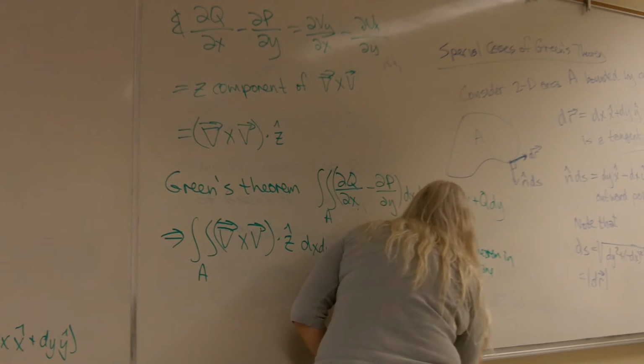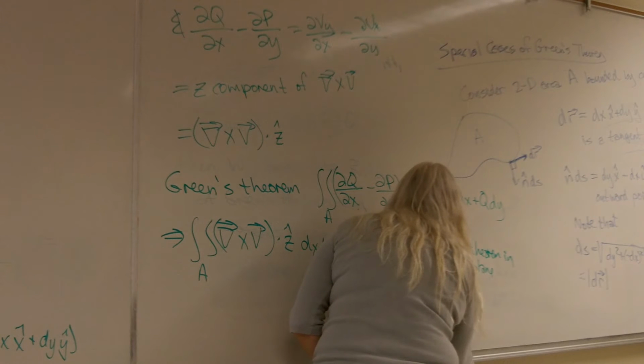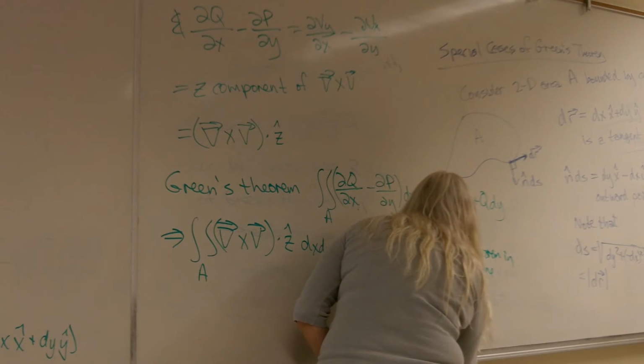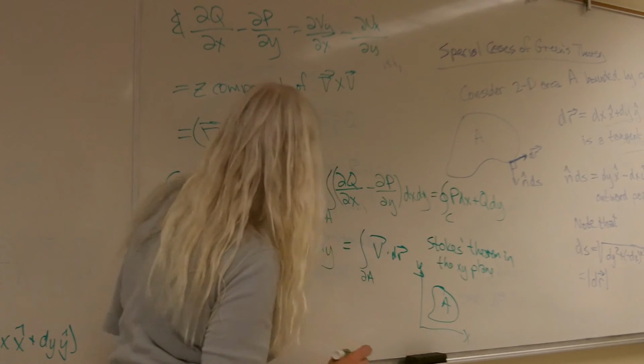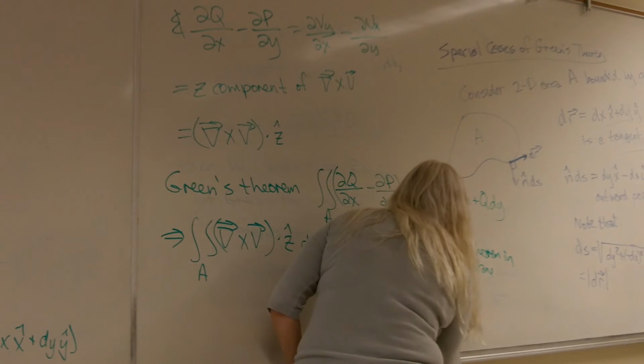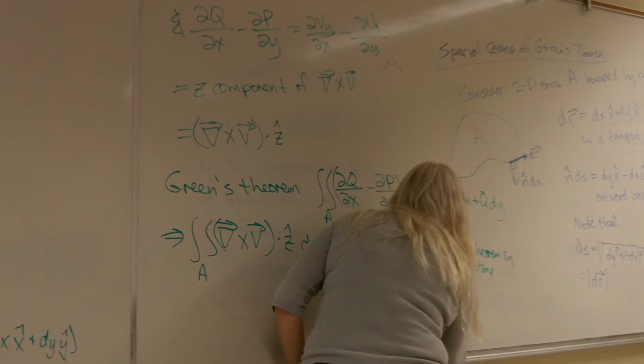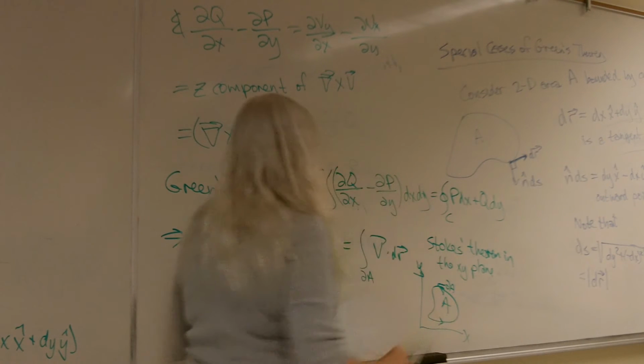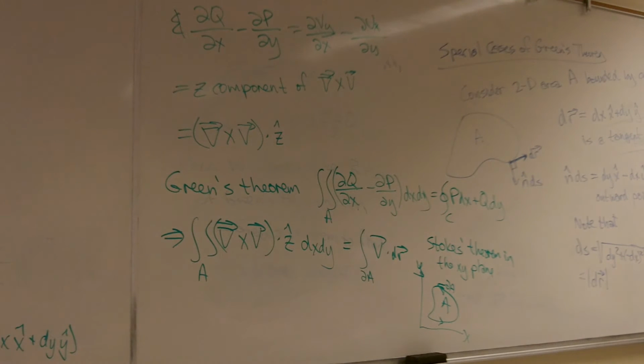We were looking at an example here where A was some area in the XY plane, and then the boundary of A was also in the XY plane, just went around counterclockwise.